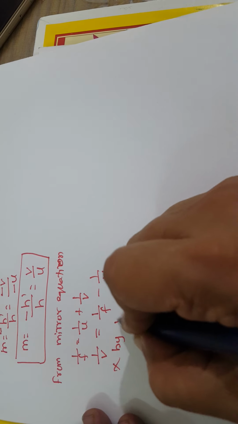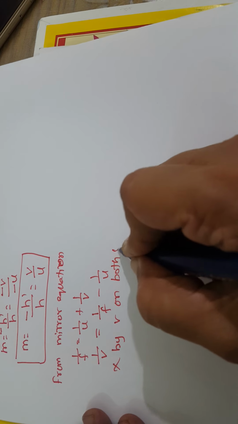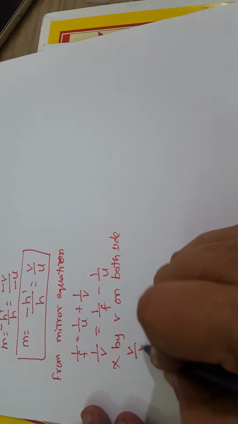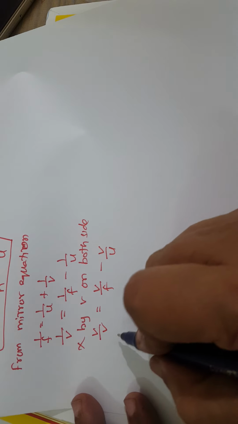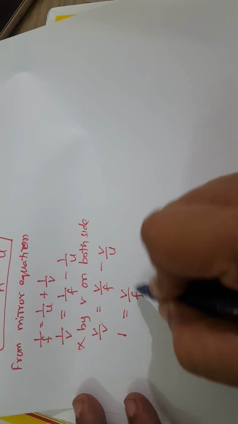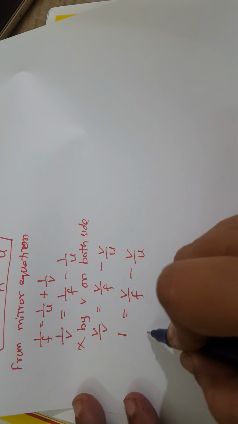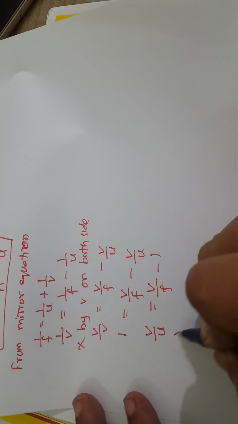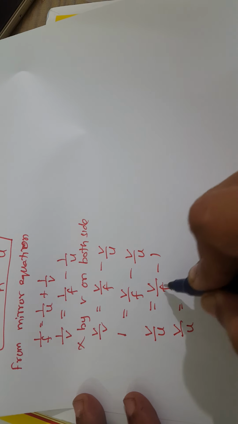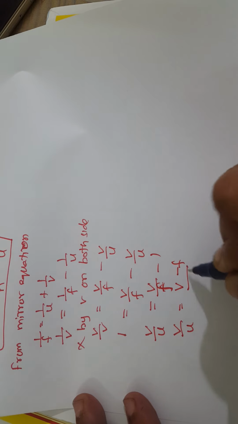Multiply by v on both sides. So v by v is equal to v by f minus v by u. So this is nothing but 1 is equal to v by f minus v by u. Rearrange: v by u is equal to v by f minus 1. Take LCM on the right hand side, you will get v minus f by f.